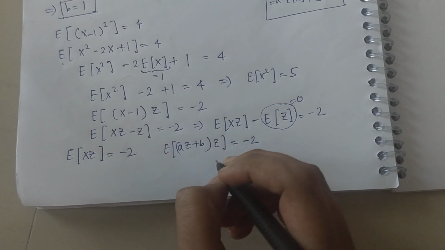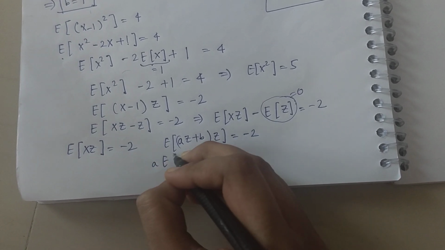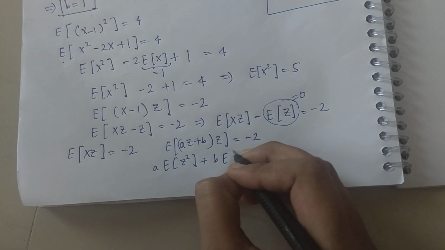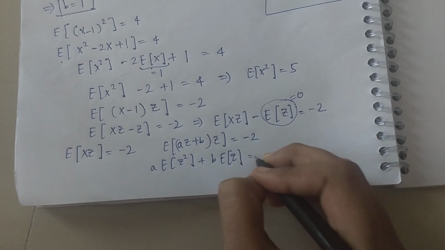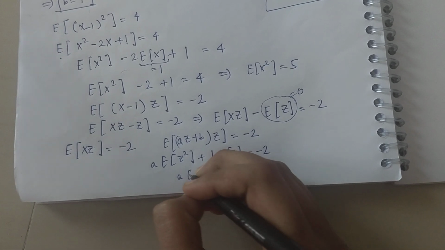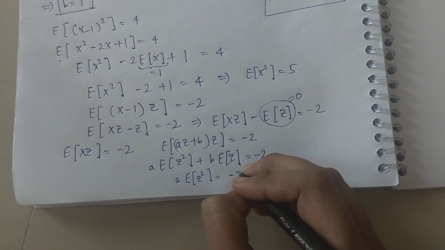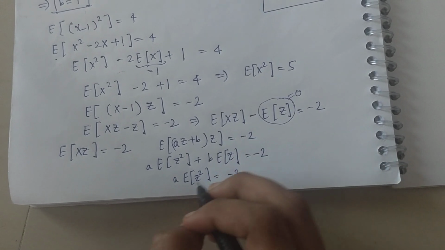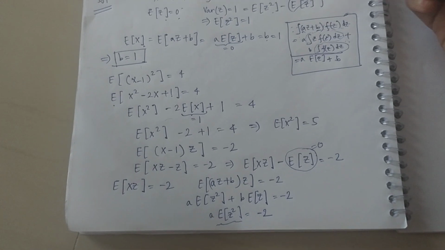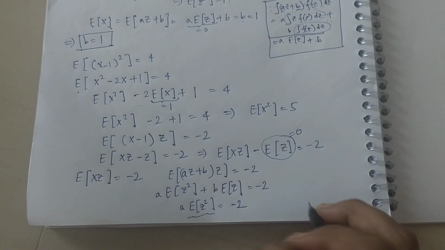Now we can just open this, and this will be a times expectation of z square plus b times expectation of z. This term is again 0, so we are left with a times expectation of z square equals minus 2. We already calculated the expectation of z square here, and that was 1.